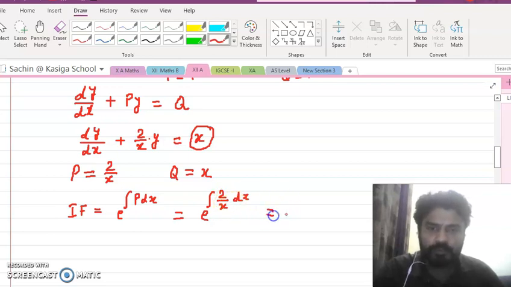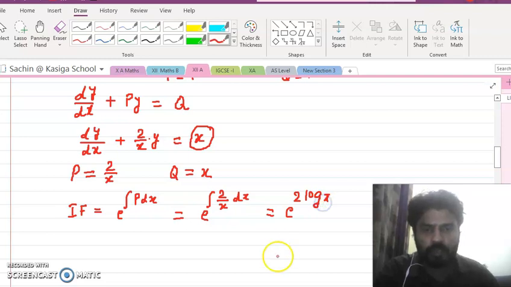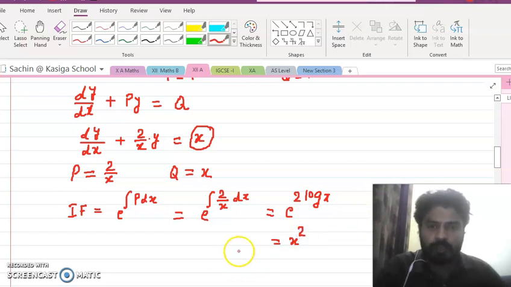So this becomes e to the power 2 times log x. You do not put the integration sign here because that has already been integrated. It is 2 times log x, and when we simplify, this becomes x raised to 2. So our integrating factor is x square.